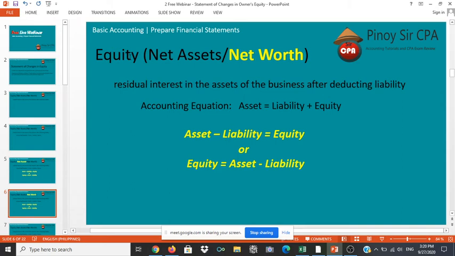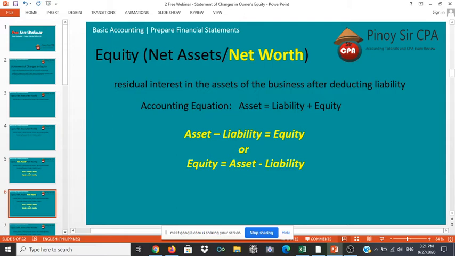Kasi kung iisipin mo, the owner will benefit whatever is the equity of the business. Sa may-ari, mapupunta lahat yung equity amount, kung sakaling di niya ibebenta yung business niya. Diba? For example, equity of your business is 1 million. Sa'yo sana yun. Now, someone will buy your business. Will you allow it to sell less than 1 million or just 1 million? No. Siyempre hindi. Diba?